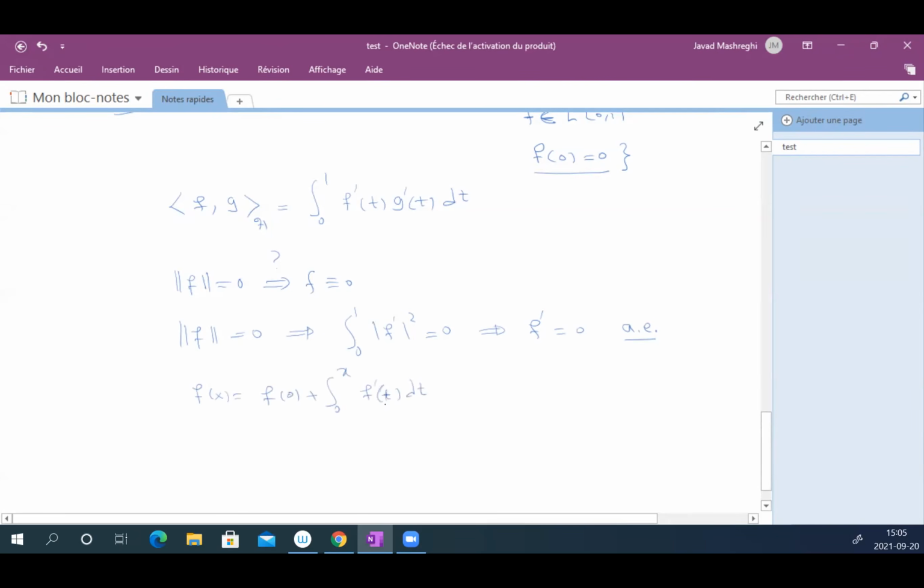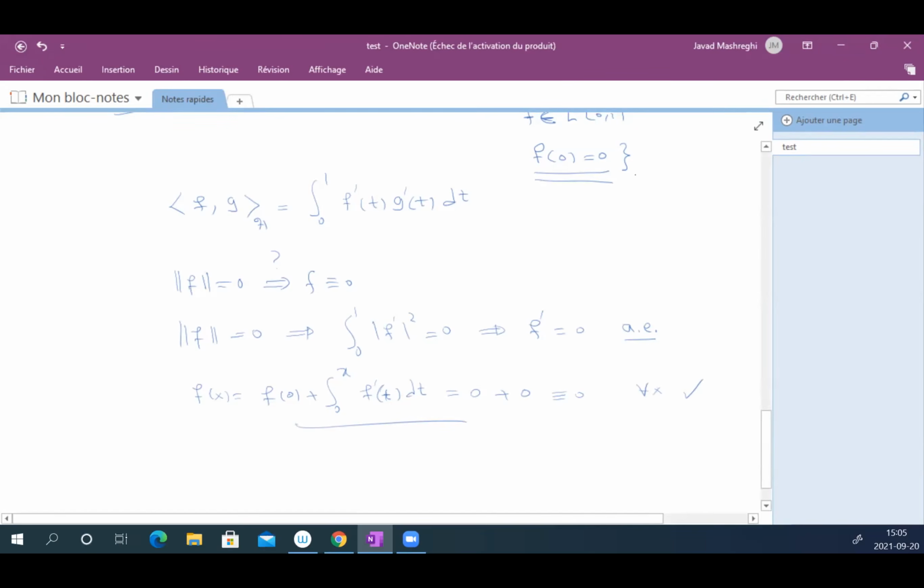This is not valid for all functions, just for absolutely continuous functions, and indeed we adopted this as a definition. And now the condition f of 0 equal to 0 gives us 0 plus 0, so f is identically 0 for all x. And we are done. Even though it's just one condition, it's enough to give us a reproducing kernel Hilbert space.